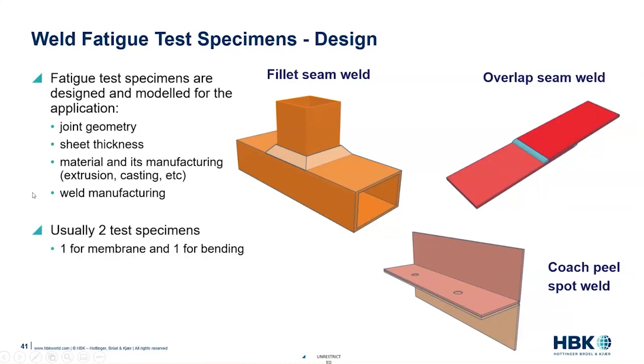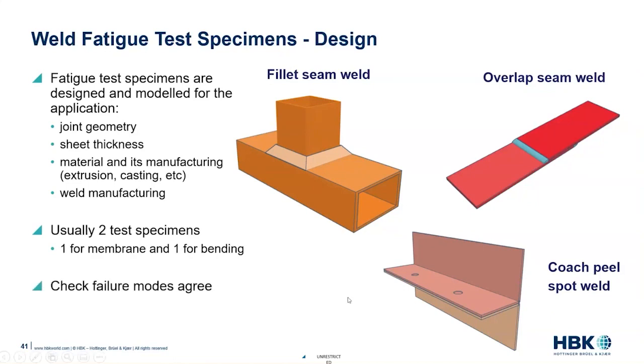So there are a number of different weld types: overlaps, coach peel, fillets. We're usually designing two test specimens, one to get a good response for the membrane stress, and one for bending stress.